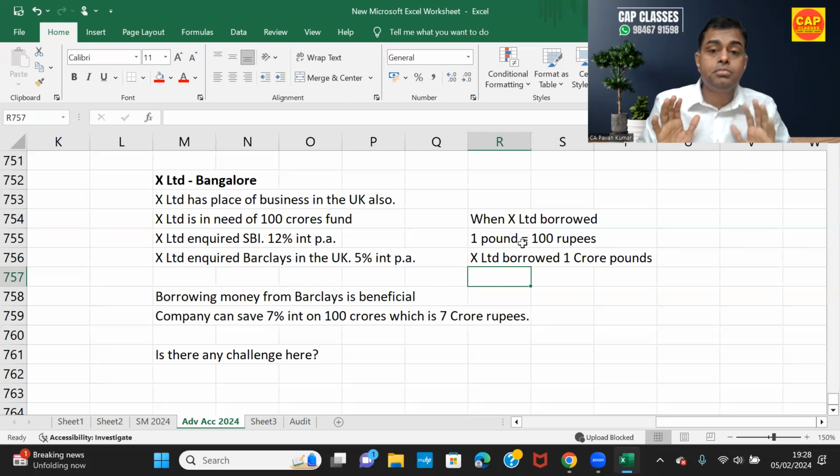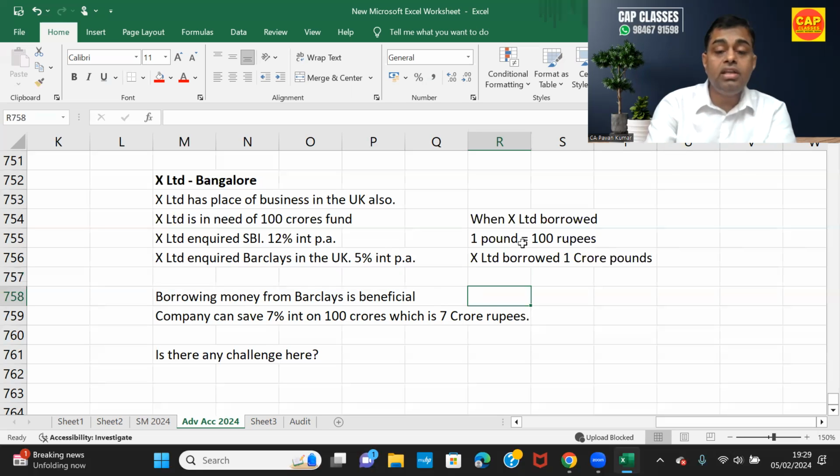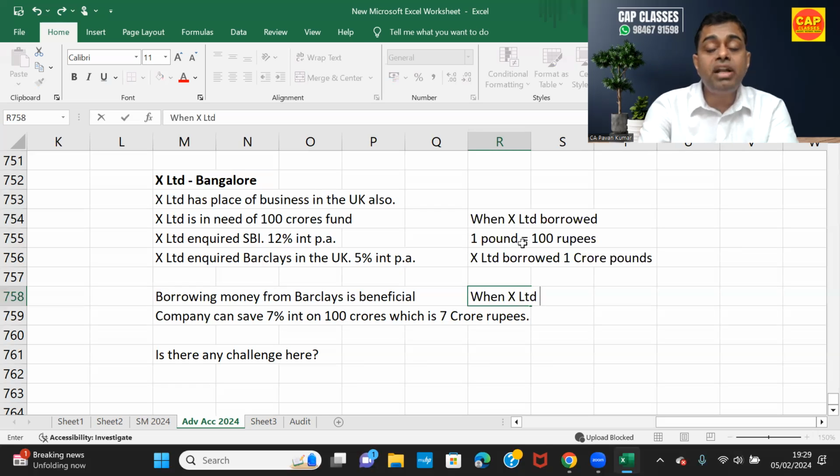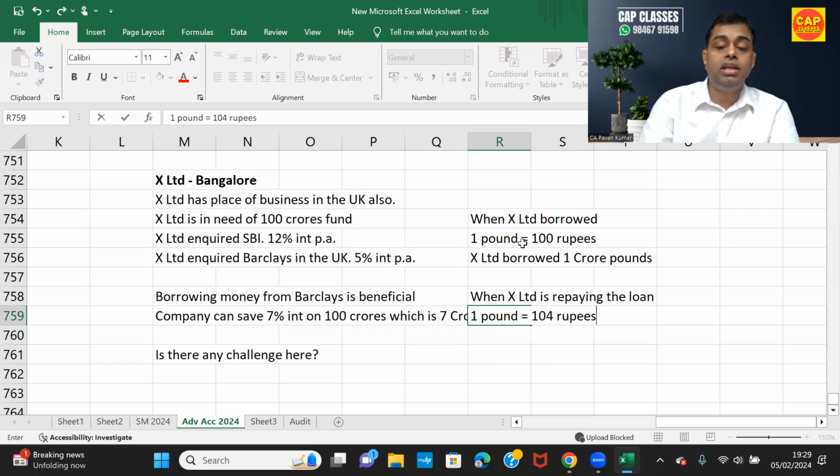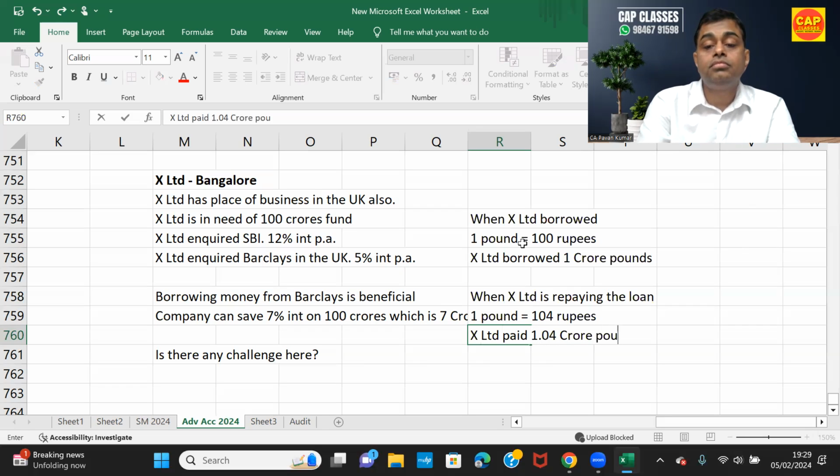So they got their 100 crores. They are very happy. But at the end of the year, when X Limited is repaying the loan, 1 pound is equal to 104 rupees. So X Limited has to pay how much? 1.04 crore pounds.